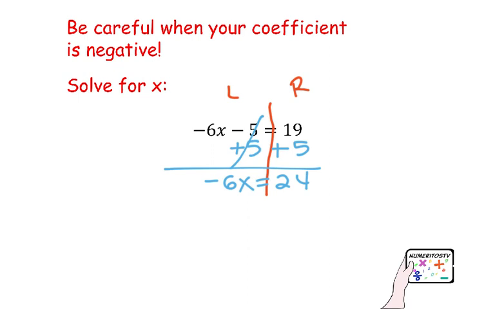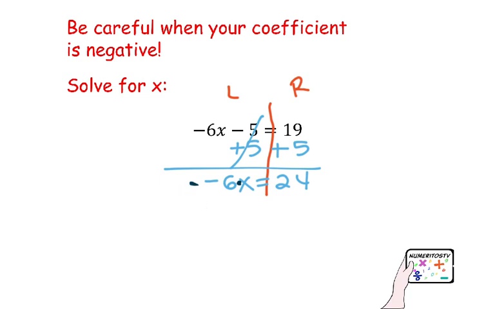Now, this negative 6 is multiplying your x. So a very common mistake is that some of us will see this negative number and immediately will think of a plus 6, right? But remember that the inverse operation is not subtraction. The inverse operation here is multiplication.